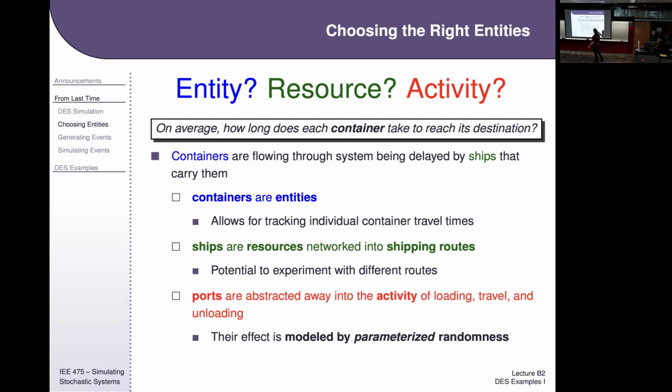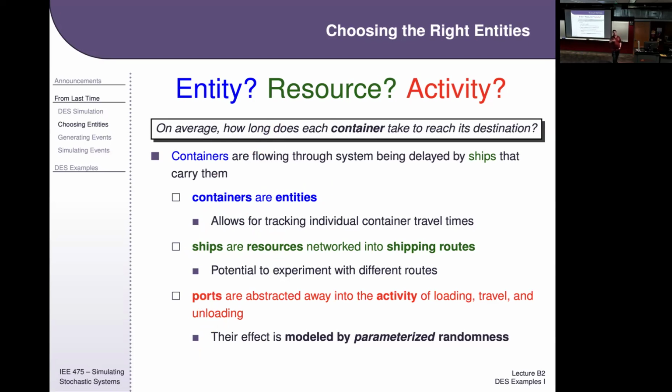But if it's focusing on a single port, and we're just really interested in, say, how long does it take to load a ship up, then we're probably going to have the containers as the entities and the ships as the resources. And then the ports we don't actually model.